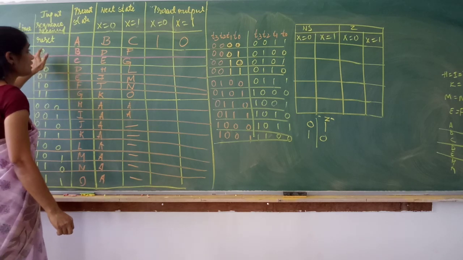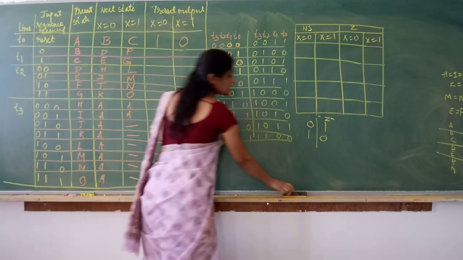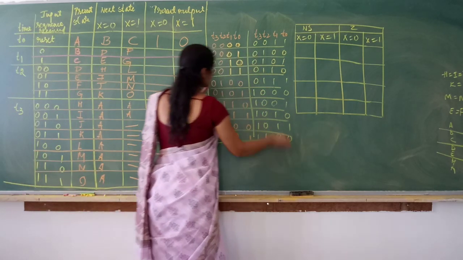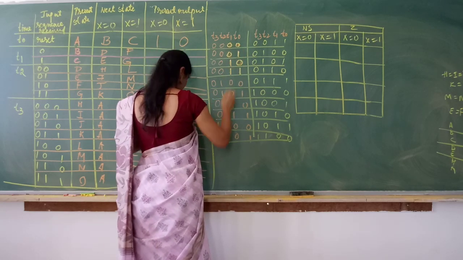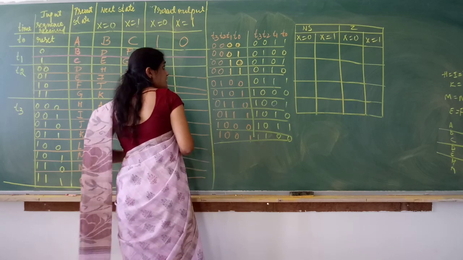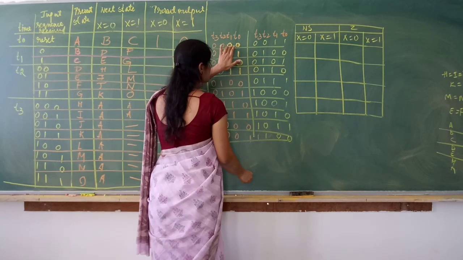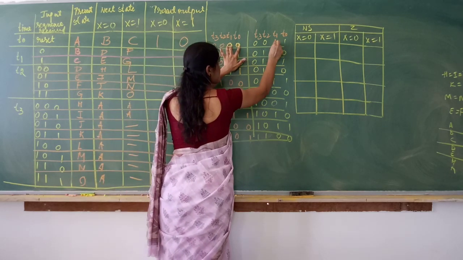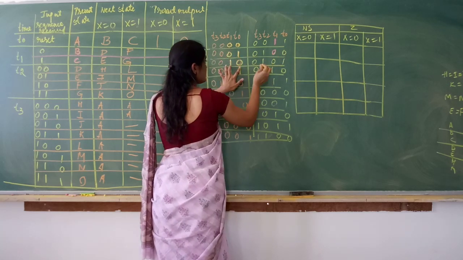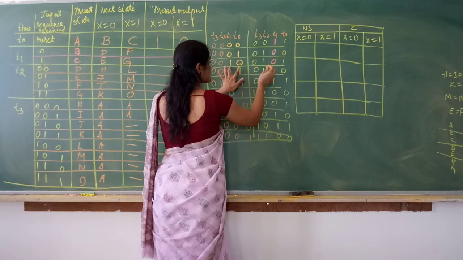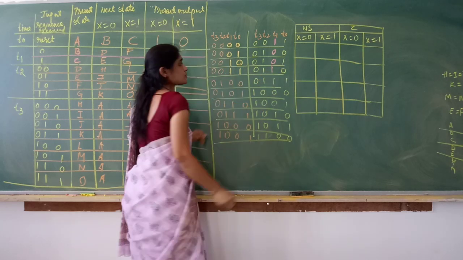Now at time t1, we are going to receive 2 bits: 0, 0, 0, 1, 1, 0, 1, 1. If the input is 0, 0, at time t1, what is the output? 1. If the input is 0, 1, output is 0. If the input is 1, 0, output is 0. If the input is 1, 1, output is 1.